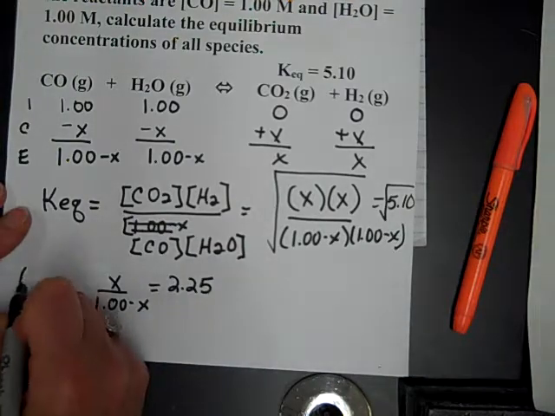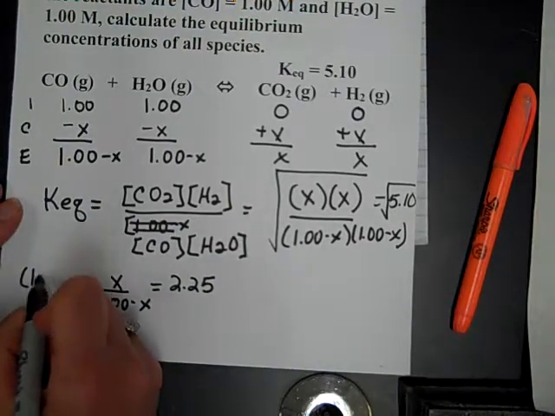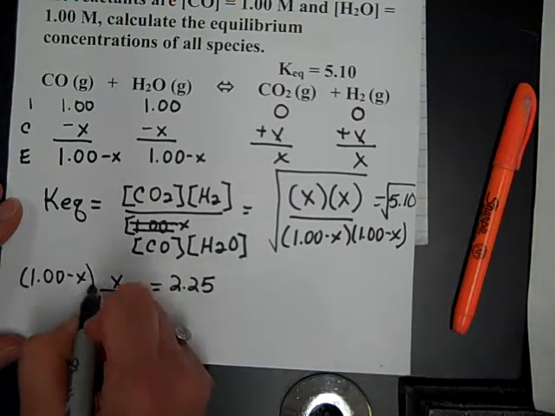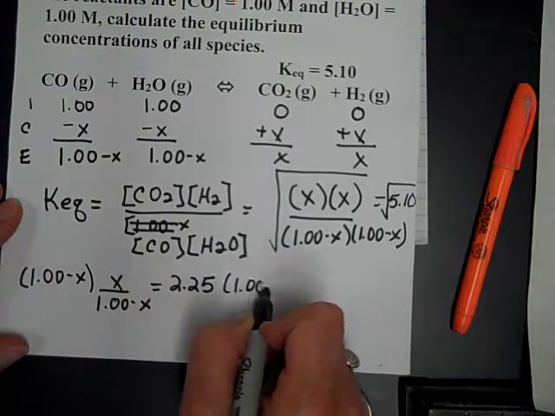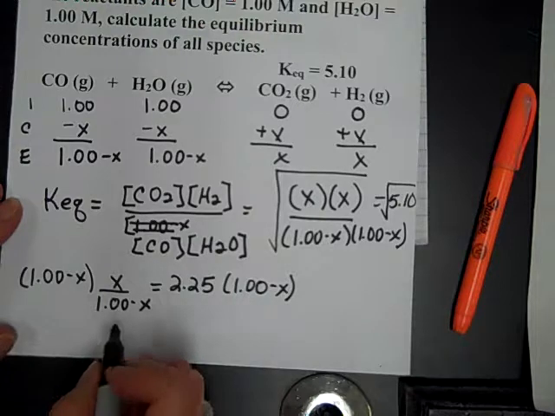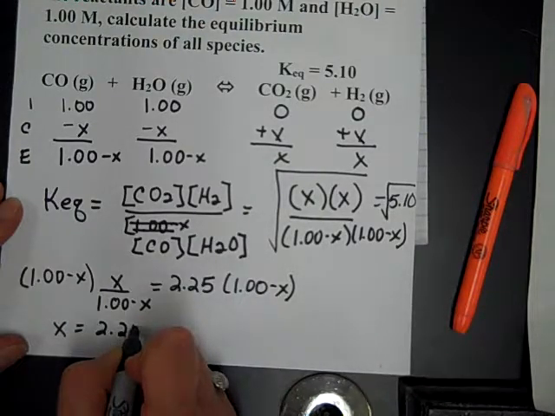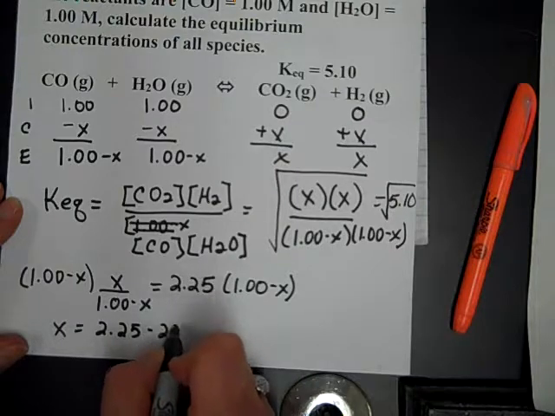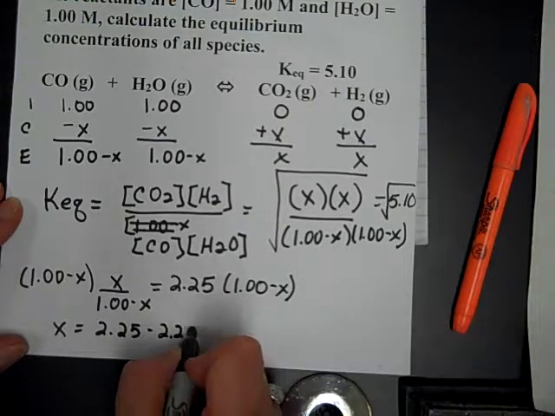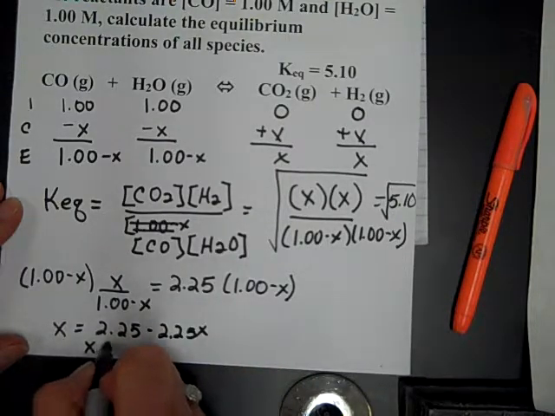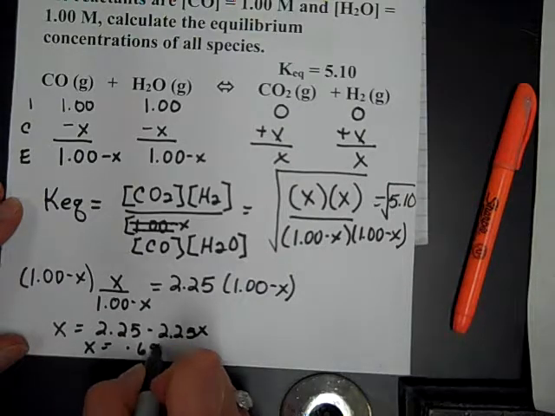And then I'm going to multiply both sides by 1 minus X. And I'm going to get that X is equal to 2.25 minus 2.25X. And X is equal to 0.692.